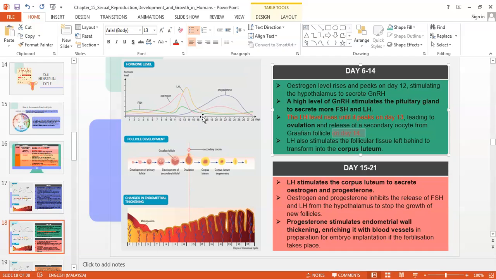Jadi progesterone inilah yang akan membantu endometrium wall menjadi lebih tebal dan lebih banyak dengan blood vessels. Okay, so kamu tengoklah graf di atas, progesterone meningkat dan endometrium wall pun semakin tebal dan semakin banyak blood vessels.